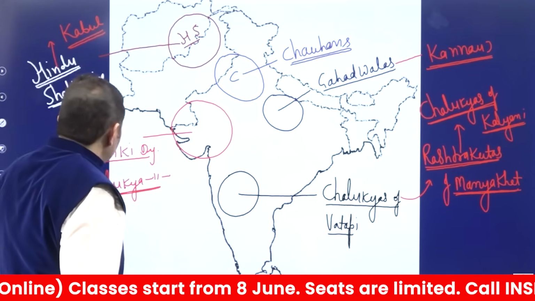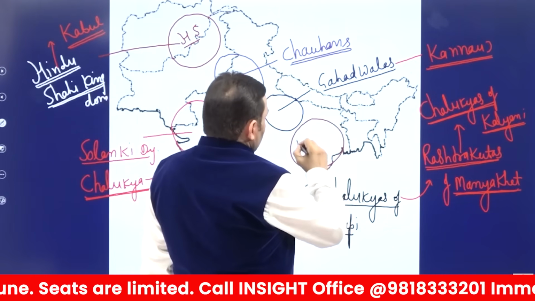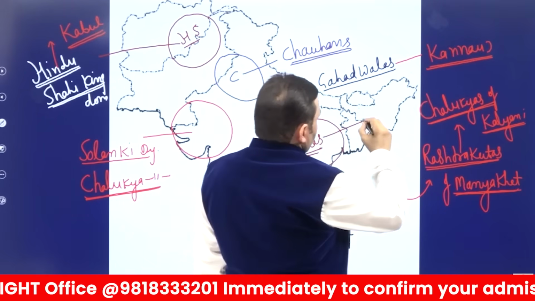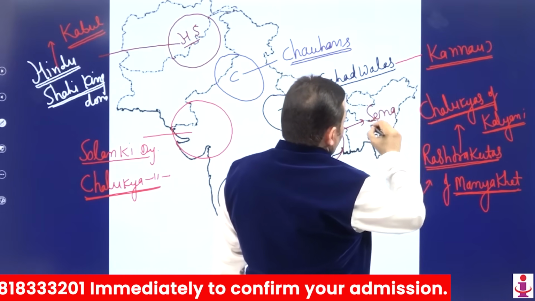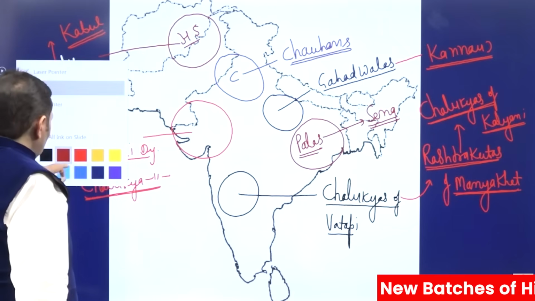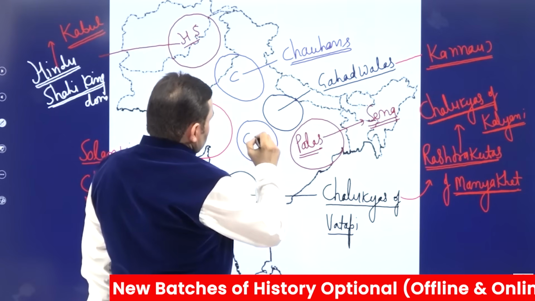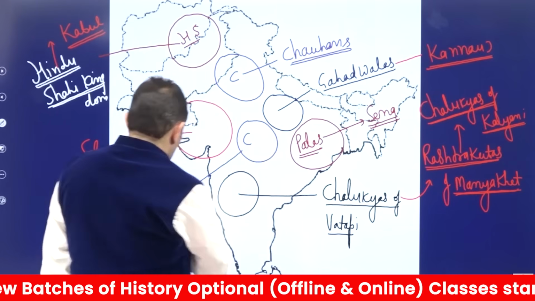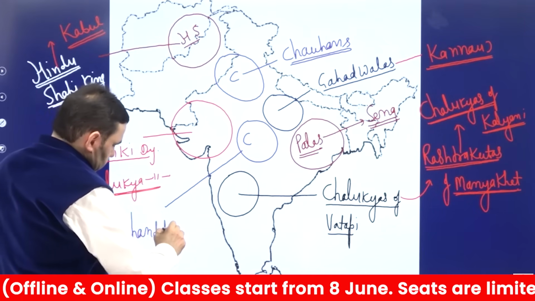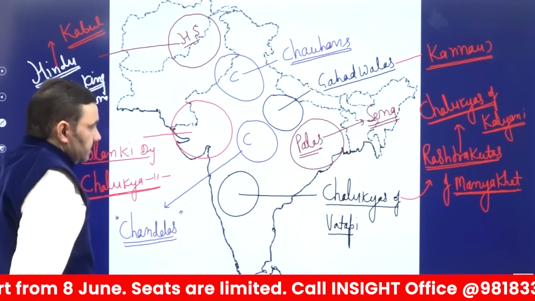And in this part of eastern side, we find Palas initially, and then they were replaced by Sena dynasty. Central India was ruled by Chandelas. Chandelas of Bundelkhand, very, very famous in history for Khajuraho temples.